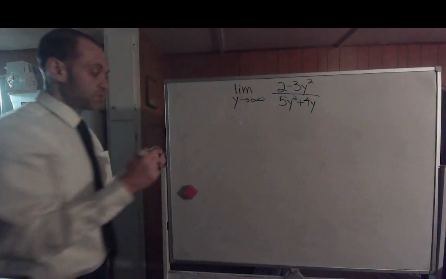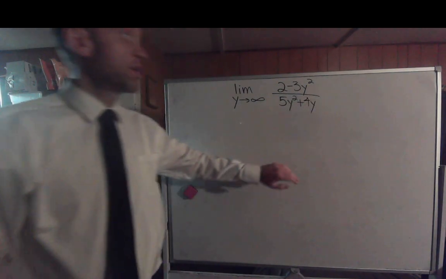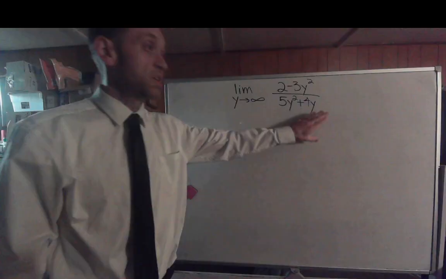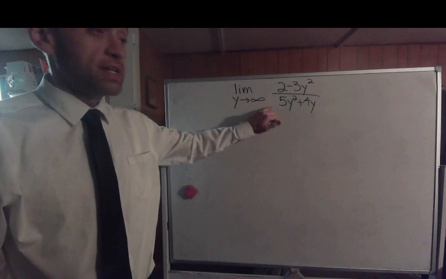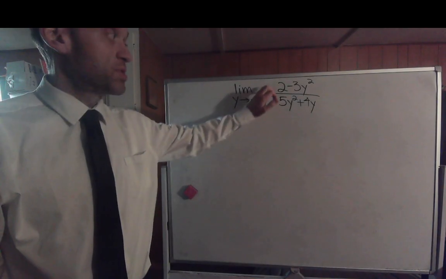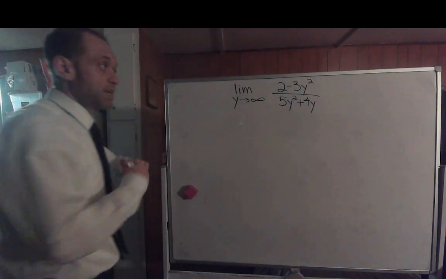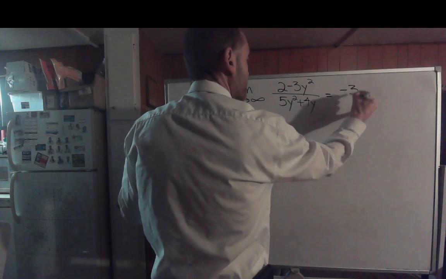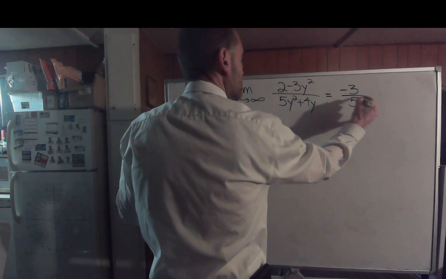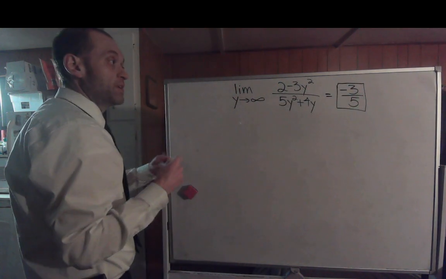So the limit as y approaches infinity of 2 minus 3y squared all over 5y squared plus 4y, well, both numerator and denominator are of equal degree, they're both to the second power, so this is just going to be the ratio of the leading coefficients, which would end up giving you negative 3/5. So this limit would end up being negative 3/5.